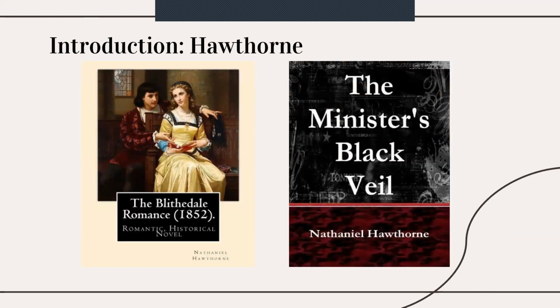Okay, in the first section, we'll see briefly about Hawthorne and his style. I don't want to deal with his biography here, but I want to focus on his style very briefly. One of the significant styles Hawthorne employs is the gap or rupture between inside and outside. For example, on the left side of the screen, you can see the novel titled The Blithedale Romance. In this novel, Hawthorne depicts some antinomic, or self-contradictory, characters.